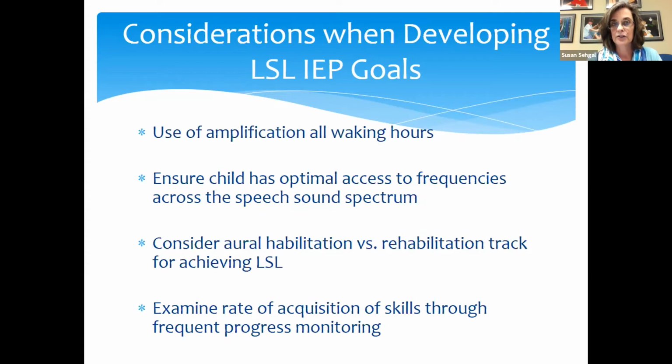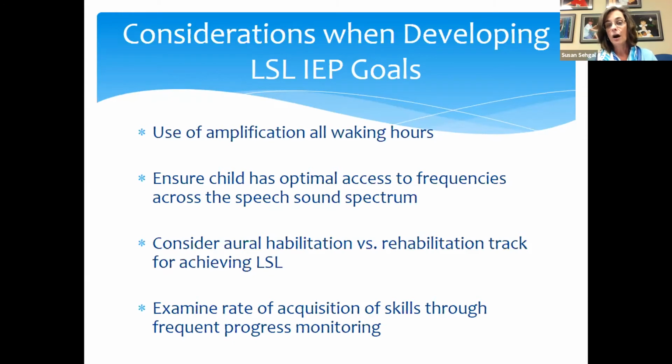Another important consideration when developing IEP goals is that we look at where a child falls in their remediation. Are they on the oral habilitation track, or are they on more of a rehabilitation track for achieving listening and spoken language?